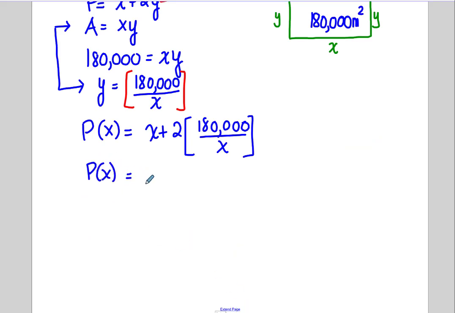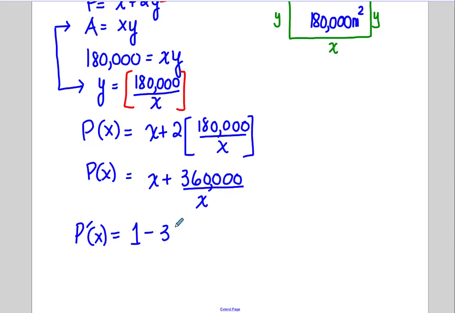We can simplify that to be x plus 360,000 divided by x. Then taking the derivative to find our critical number, that would be 1, and then I'm thinking of this as 360,000 times x to the negative 1 power. So that would be negative 360,000 times x to the negative 2 power, or 1 over x squared.